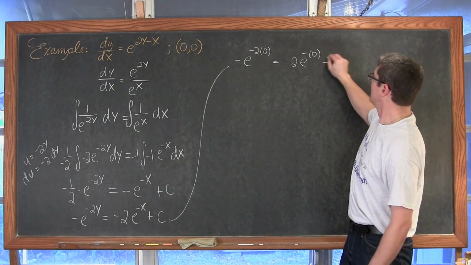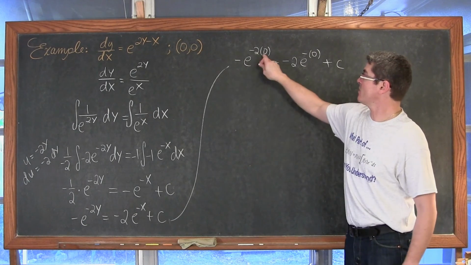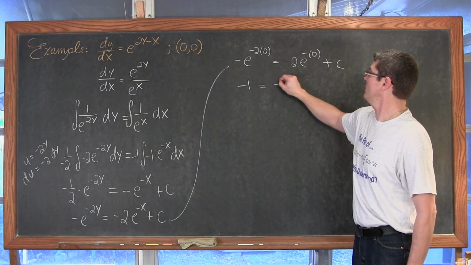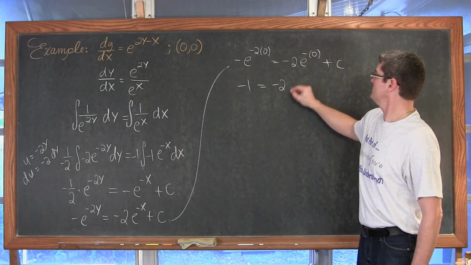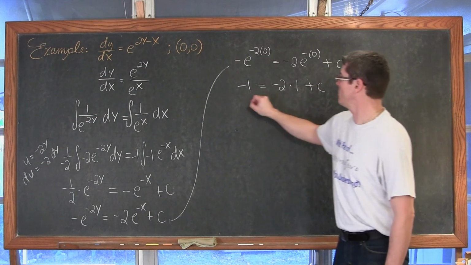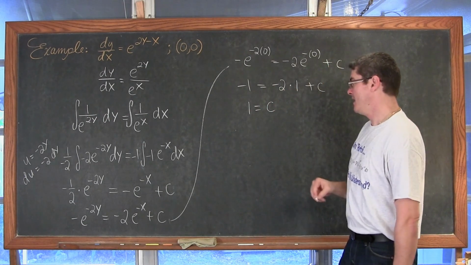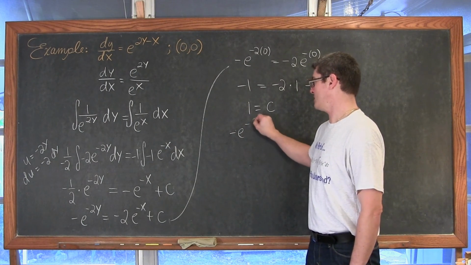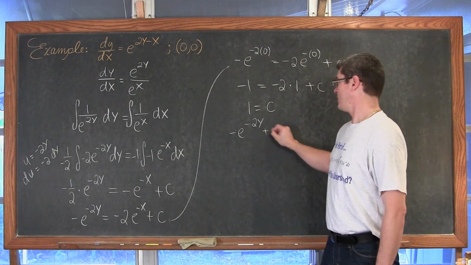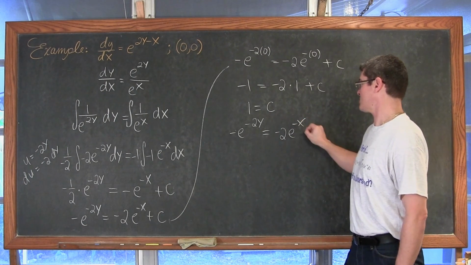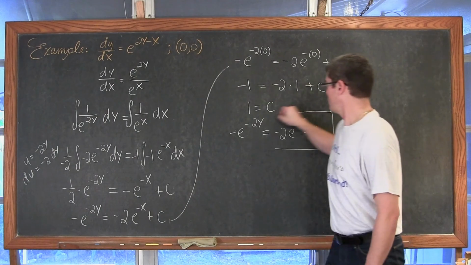Of course, anything to the 0 power is equal to 1, so it's going to be -1 is equal to -2 times 1 plus c. Adding 2 to both sides, we get 1 is equal to c. And our particular solution is going to be negative e to the -2y power is equal to -2 times e to the -x power plus 1.